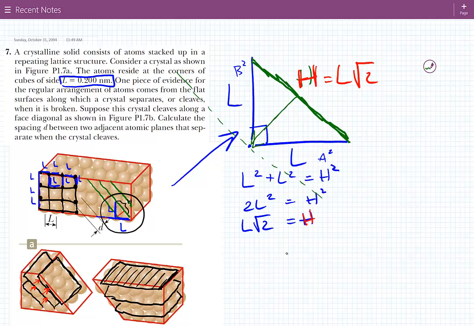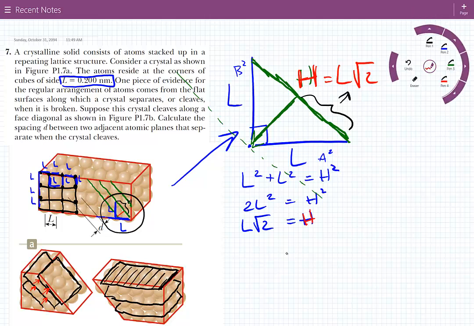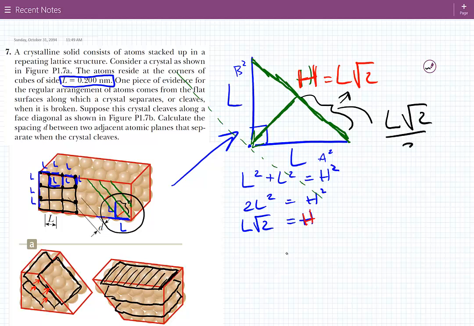And so a way to do that, we would recognize that this is another triangle, and we know what this length is, right? This length right here, it's just half of this. So we can rewrite that as L times the square root of 2 divided by 2.